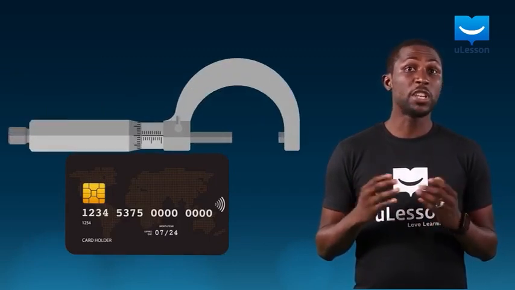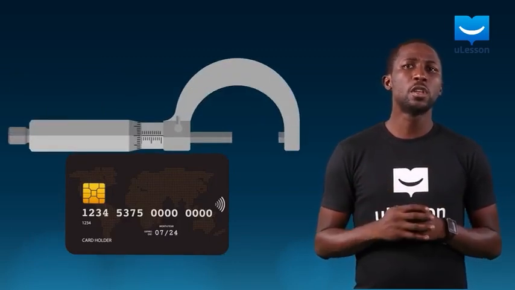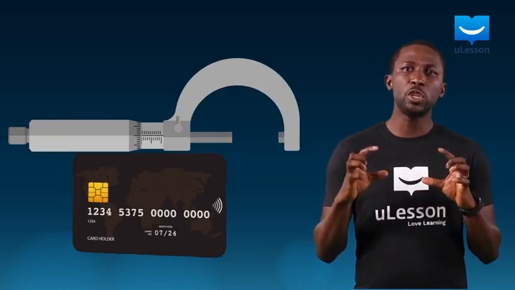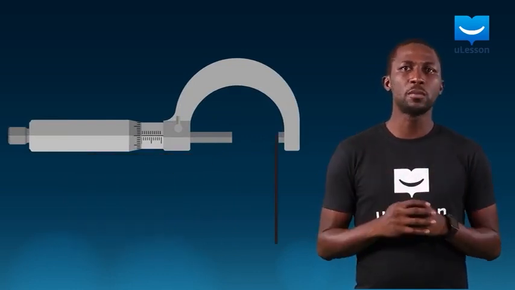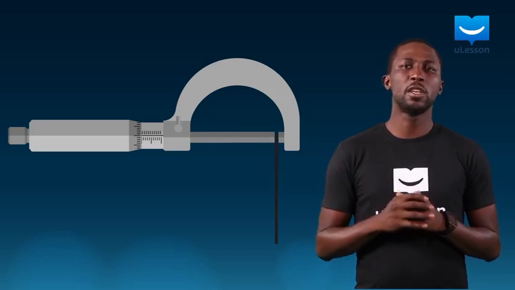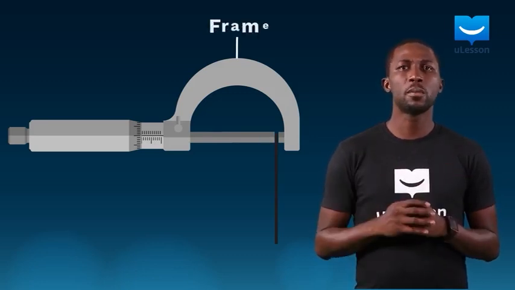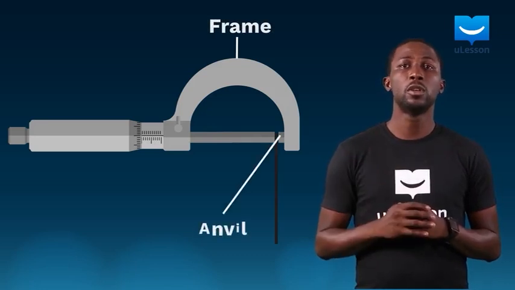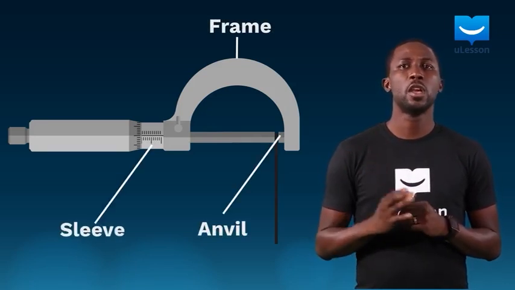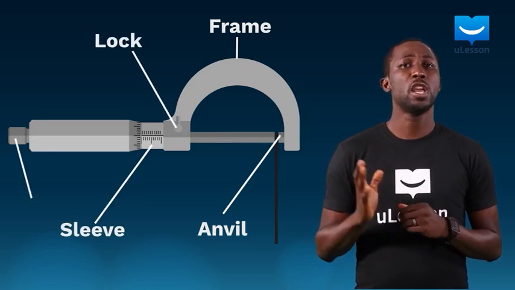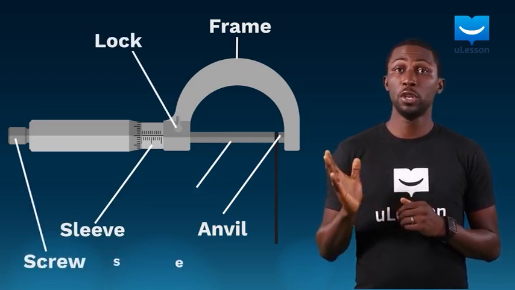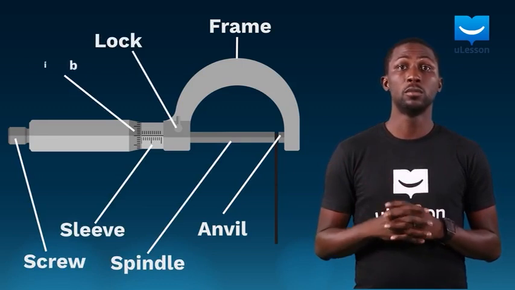Now, how about measuring the thickness of your ATM card? For this, you might need a micrometer screw gauge. To do this, you place the ATM card in between the jaws of the micrometer screw gauge and then you tighten this a bit. The micrometer screw gauge has a frame, an anvil, a sleeve, a lock nut, a screw, a spindle, and a thimble.